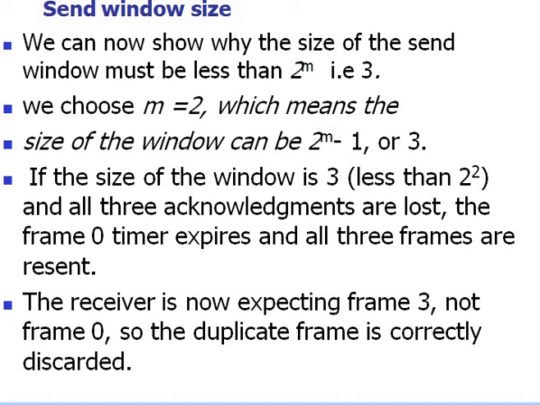If the size of the window is 3, which is less than 2 raised to 2, and all 3 acknowledgements are lost, the frame 0 timer expires and all 3 frames are resent. The receiver is now expecting frame 3, not frame 0. So the duplicate frame is correctly discarded.